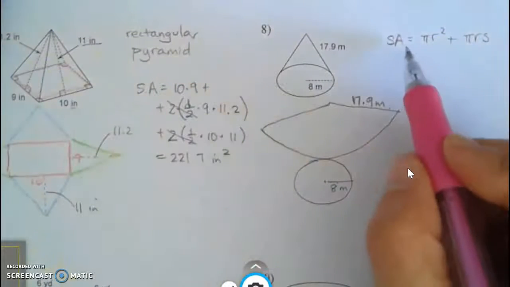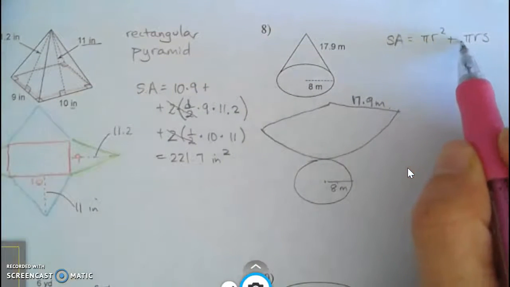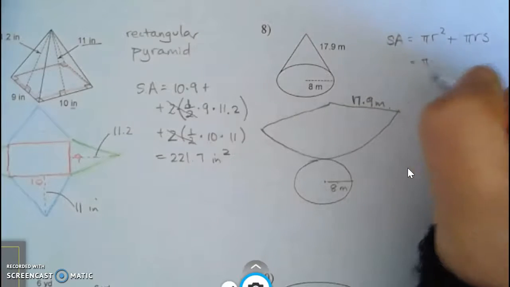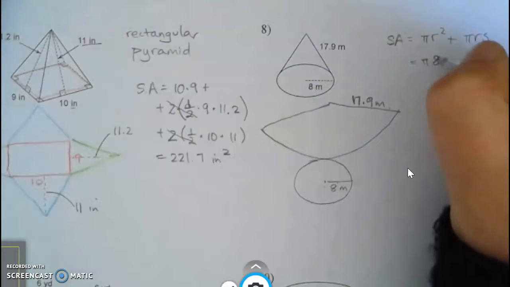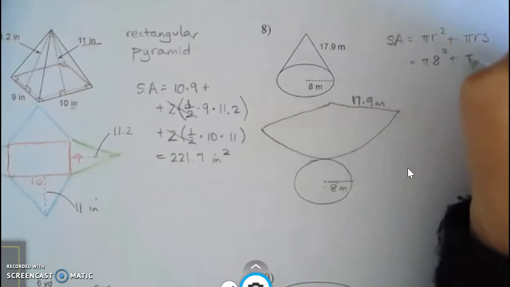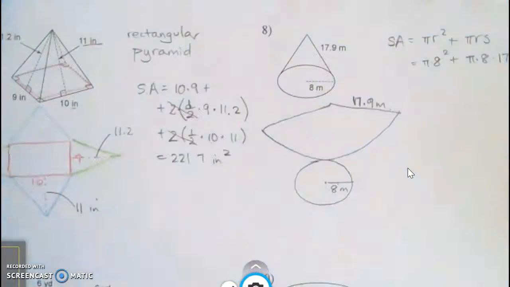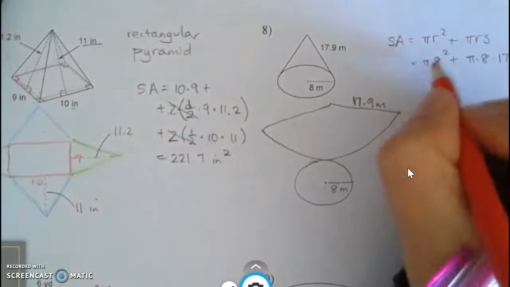Surface area of a cone is given by pi r squared plus pi rs. So that's going to be pi times, what is the radius? The radius is 8, so 8 squared plus pi times r, which is 8, and s is the lateral slant height, so it's 17.9. Notice that pi r squared is the area of the circle.